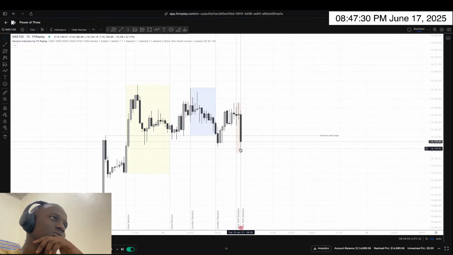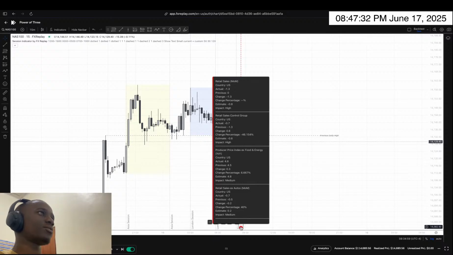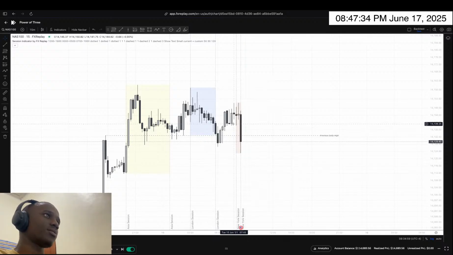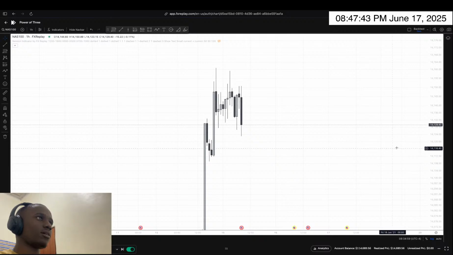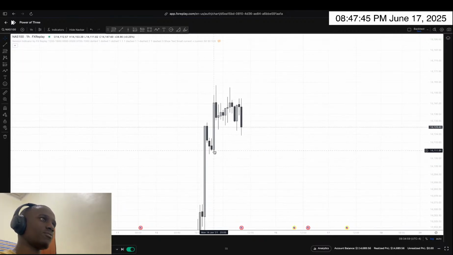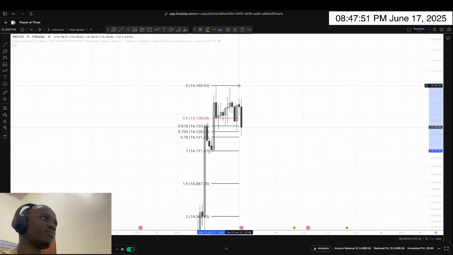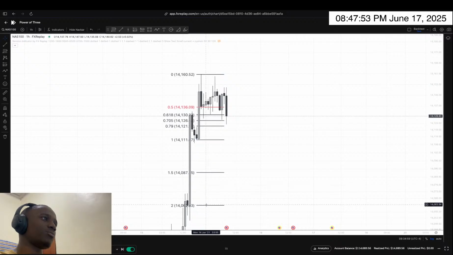Wow. So 8:30 open, there was some news. Retail sales, it drops heavily, which means you might look for a rebalance. Not a bad thing. So from this low to this high, we've already rebalanced, which means if we don't push higher, then we'll be expecting price to continue to drop even further.